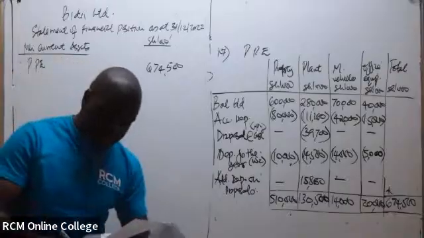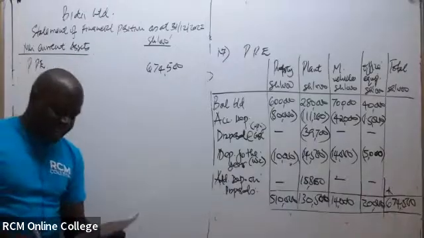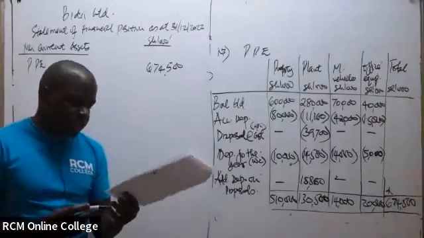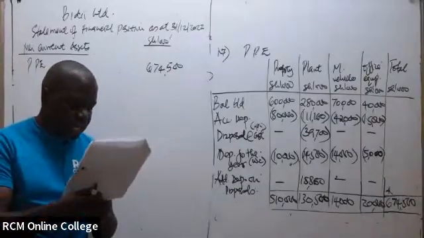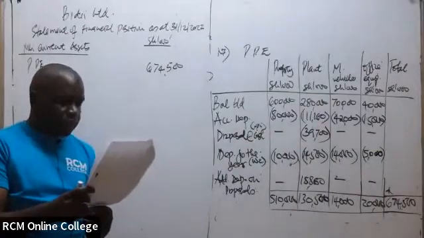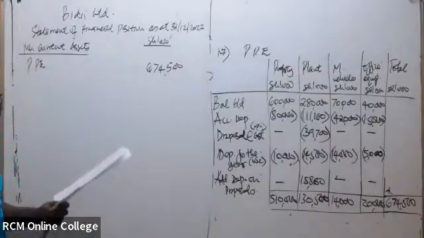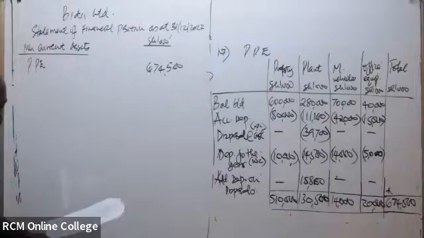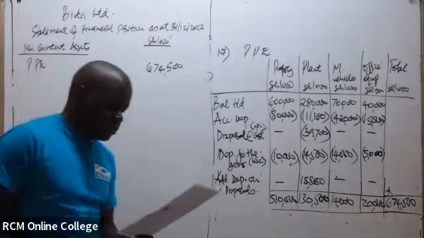Always look at the trial balance on the debit side, whether there could be any other item which could be a non-current asset. I don't think we have any other item, because we've dealt with all those PPE. If we had been told, for example, there was an investment, you would have included it here, but it is not there, so we leave it like that.